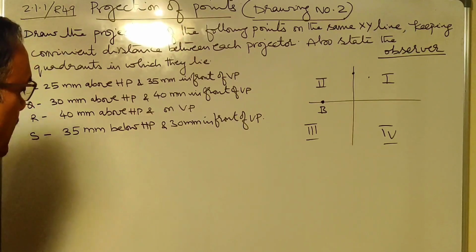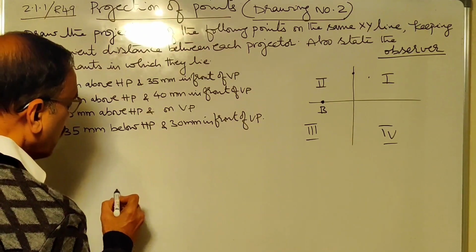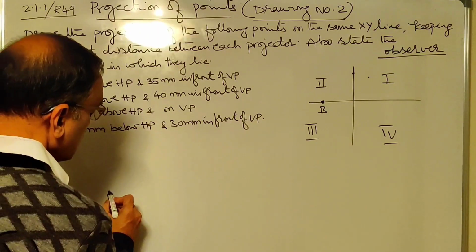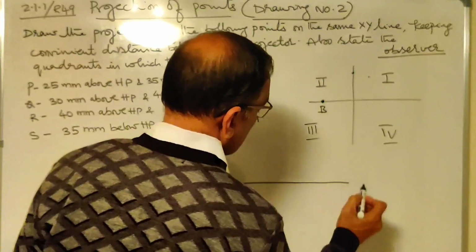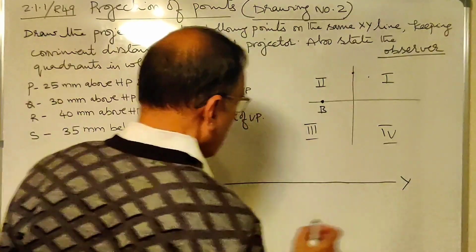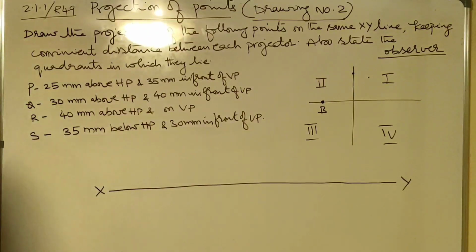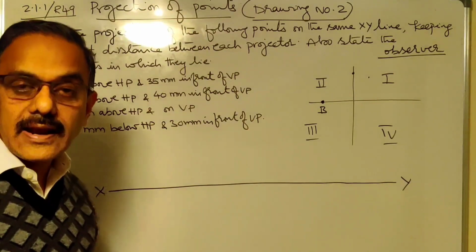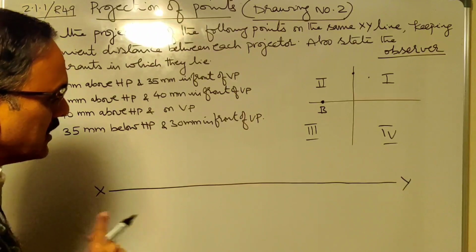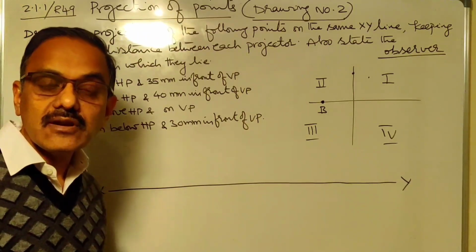So let me draw an XY line. A common XY line I will draw for all the 4 points. As I was mentioning already, this XY line should be drawn using a thin line. So when you draw it on your sketchbook, it should be a light line. As I already mentioned, in the sketchbook one side is a graph sheet.